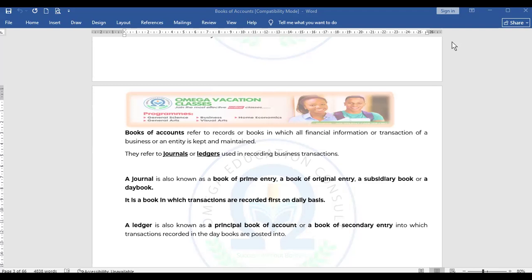A journal is also known as a book of prime entry, a book of original entry, or a subsidiary book or a day book. It is a book in which transactions are recorded first on daily basis. A ledger is also known as a principal book of accounts or a book of secondary entry, into which transactions recorded in the day books are posted into.